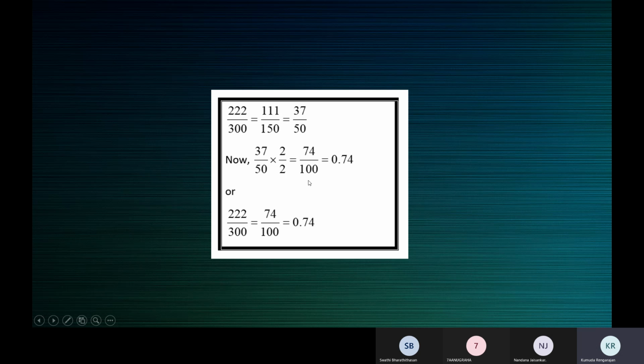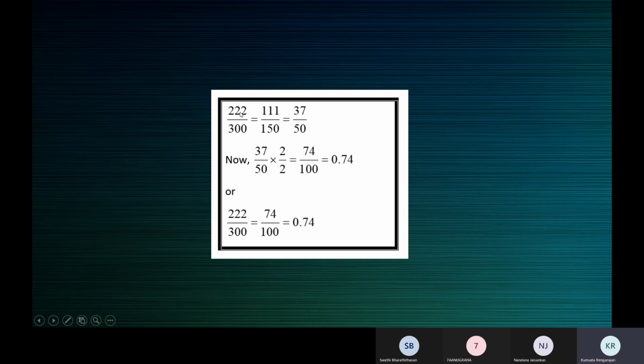Just looking at it, you will feel long division is easy, but once you work it like this, you will realize this method is far easier, because in lesser time you can get the answer.